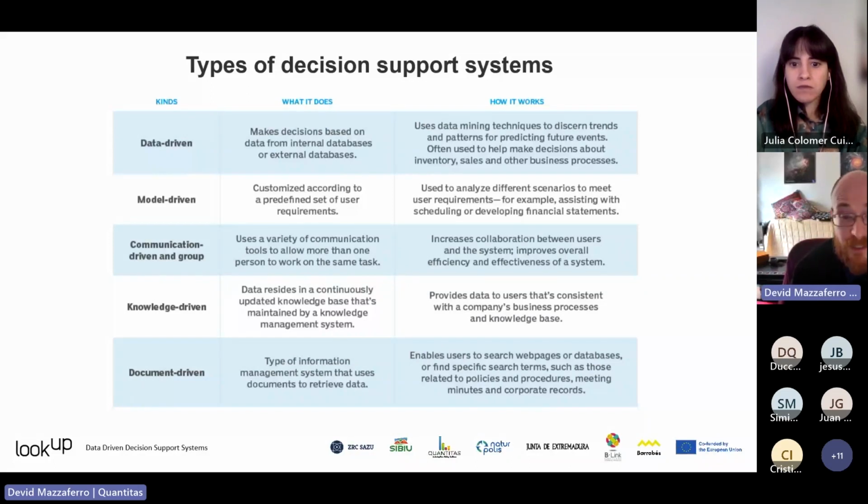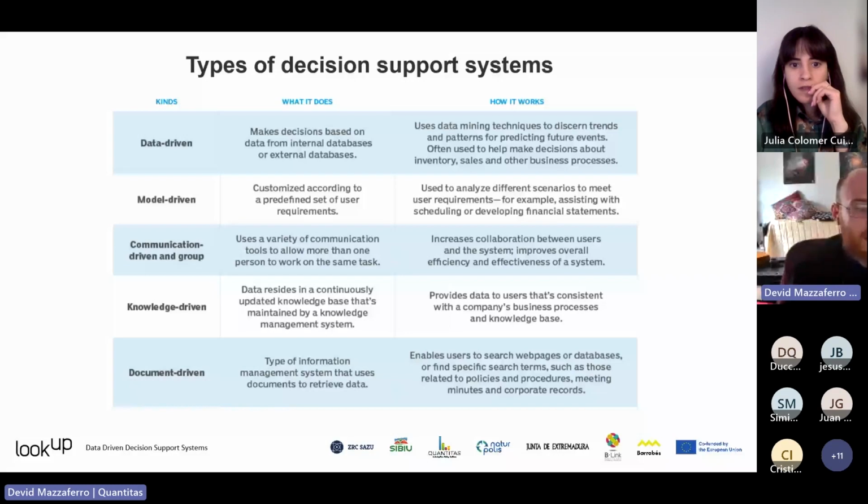Model-driven support systems tend to be more customized to the user requirements. They're used to analyze different scenarios. They're used in stuff like project planning, budgeting decisions, investments, all this kind of stuff. Communication and group DSSs basically use any sort of communication system that allows a company to be more productive or to improve the efficiency of a certain system. This can be all sorts of stuff from chat to emails, anything that can enable communication for efficiency.